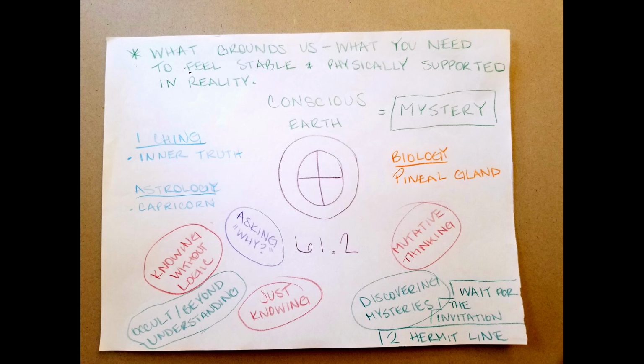It means that I'm asking things like why, but I'm also knowing without being able to logically explain why. It's an interest in the occult, things that are beyond understanding. It's like mutative thinking, discovering mysteries, and it's also in the hermit line. And that I'm waiting for the invitation of sharing the mysteries of the universe.